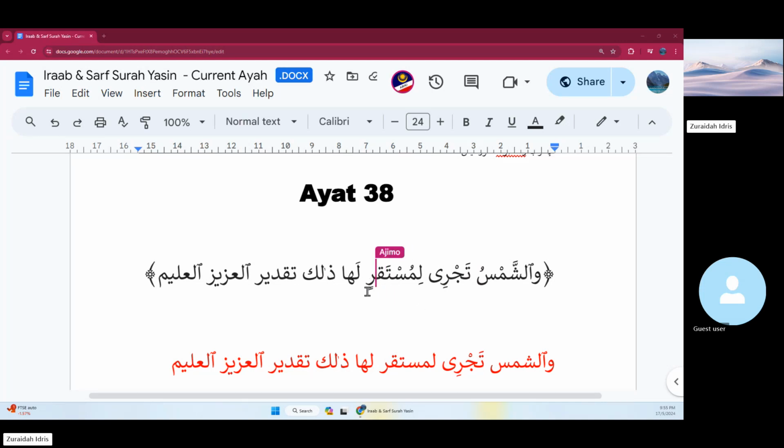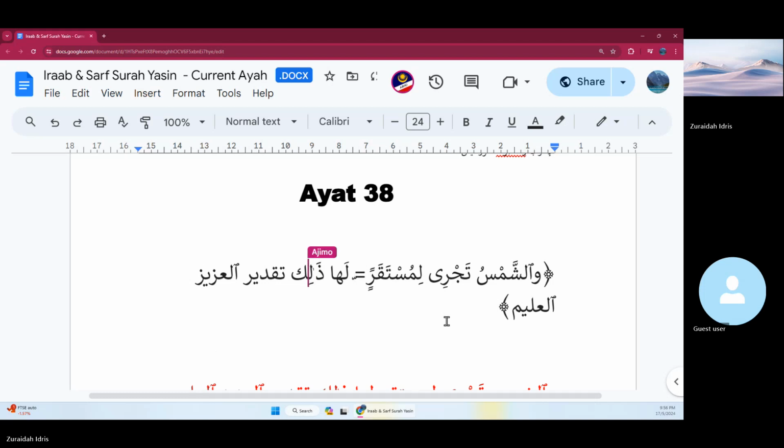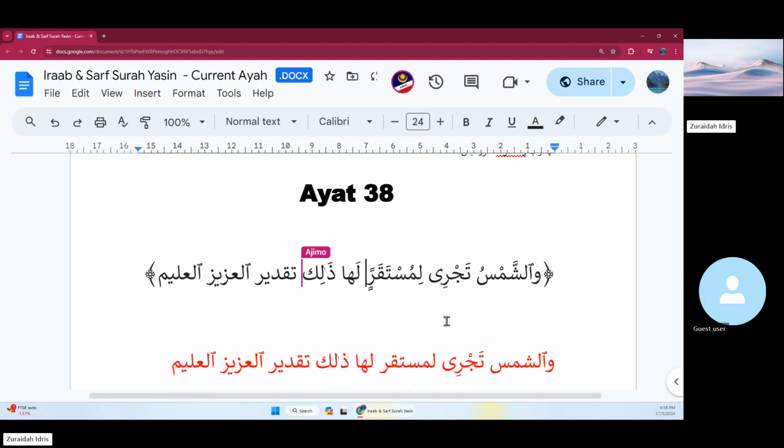Kafra, because the additional is alif sin ta, and the mu of course tells you that it is also mazid fi. Mustaqarrin, there are two r's, a shaddah here. Sorry, what did I do?